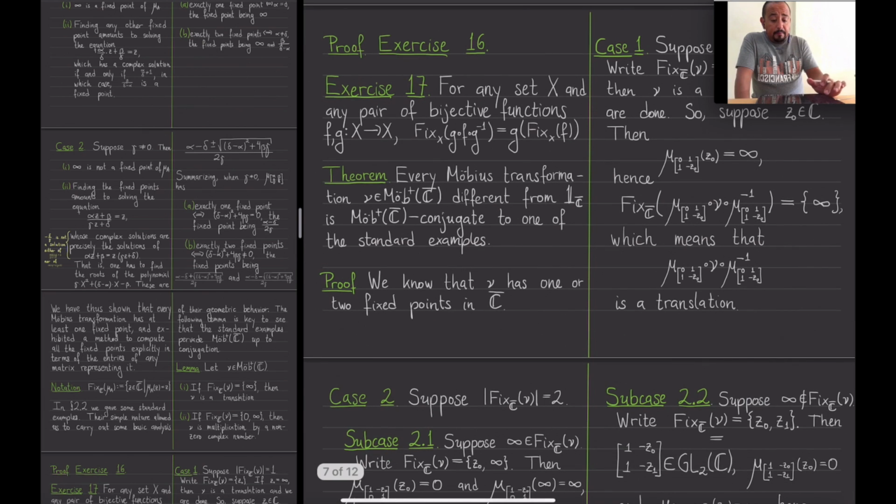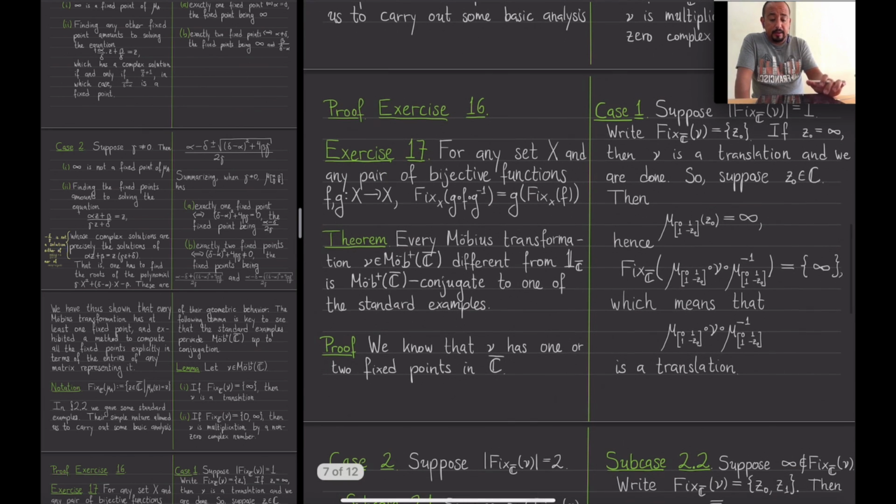And now the theorem that will allow us later on to extend the geometric analysis we did for the standard examples to the general case of arbitrary Möbius transformations. The theorem is that any Möbius transformation different from the identity is conjugate to one of the standard examples.